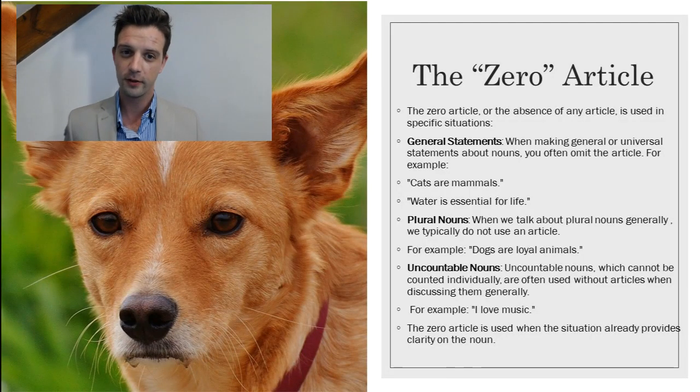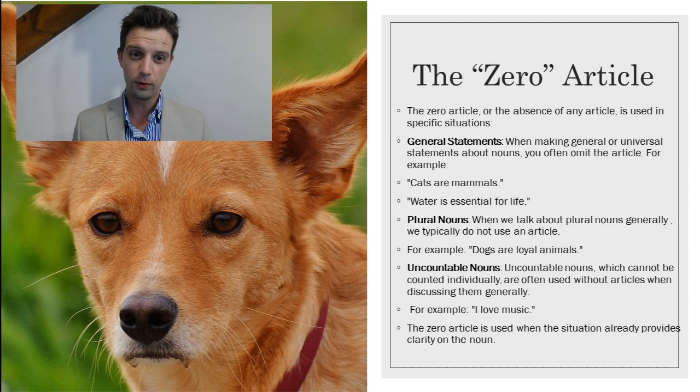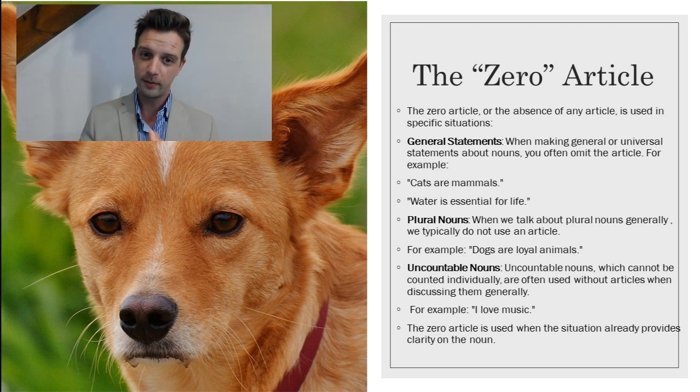Okay, let's move on. We have the zero article too. Okay, so zero article means that we don't need to use any article. And there are three times that we don't need to use an article. So this, the first one, is when we're talking about something general.